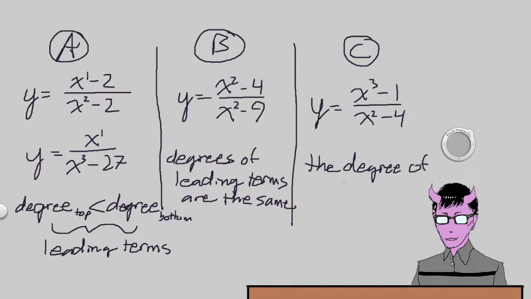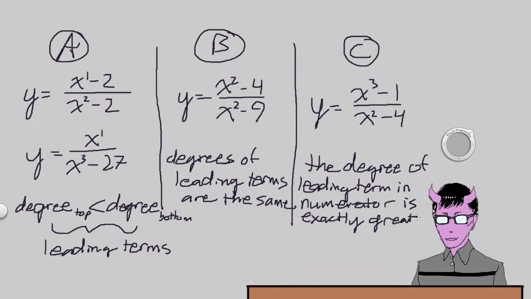Should I write the whole thing? Degree of leading term in numerator. There's no space. So the degree of the leading term in the numerator is exactly 1 greater than the degree of the leading term in the denominator.